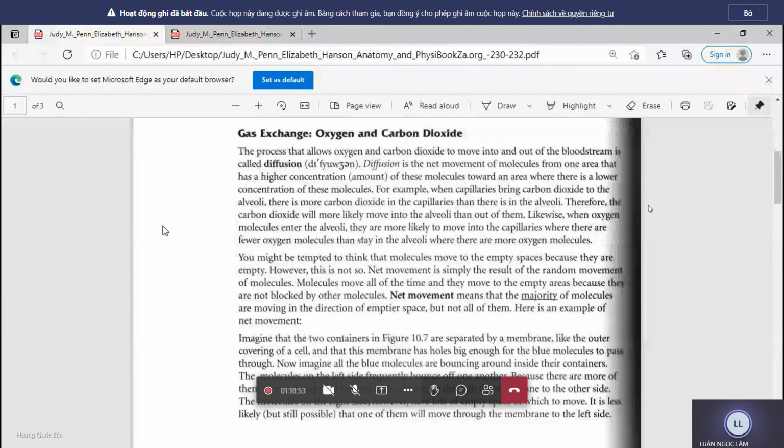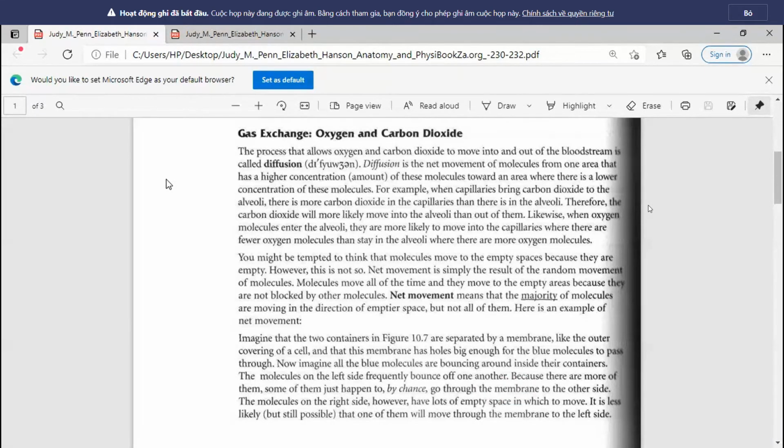You might be tempted to think that molecules move to the empty space because they are empty. However, this is not so. Net movement is simply the result of the random movement of molecules.